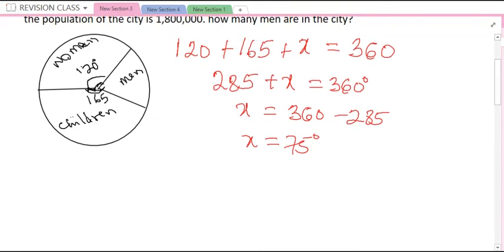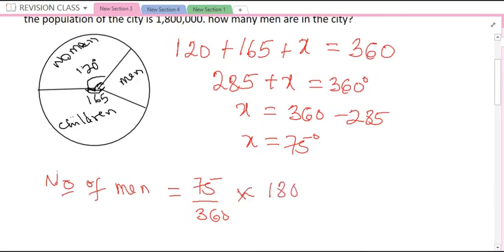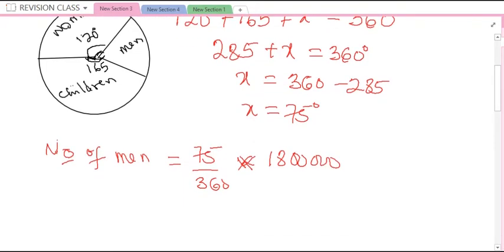So it means you now say the number of men will be 75 over 360 times 1,800,000.